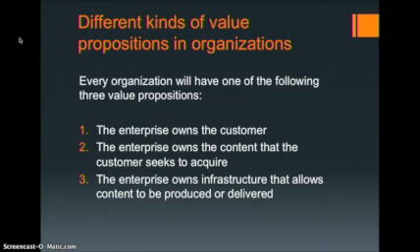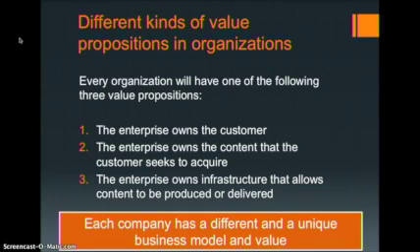The third type is when the enterprise owns infrastructure that allows content to be produced or delivered. To continue with the same example of Walmart, when Walmart needs its goods, it goes to its suppliers. So its supplier network owns the infrastructure that allows content to be produced or delivered. In short, every company has a different and unique business model and value.